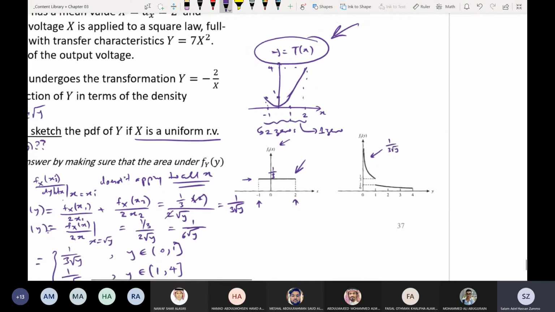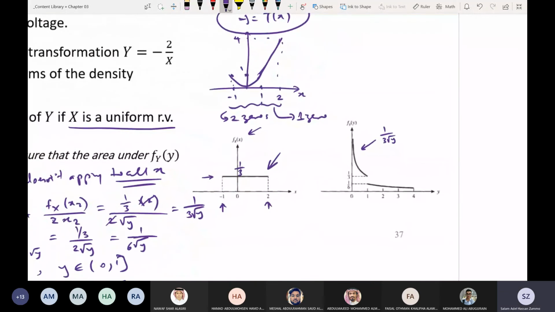So if you plot this, it will look like 1 over 3 square root of y from 0 to 1. So at 1, this is equal to 1 over 3. Now, from 1 to 4, it will look the same function, but it will be 1 over 6 square root of y.